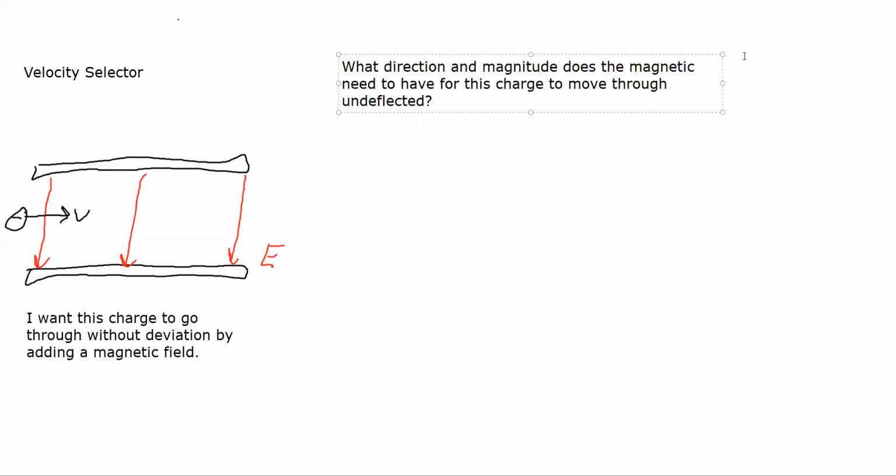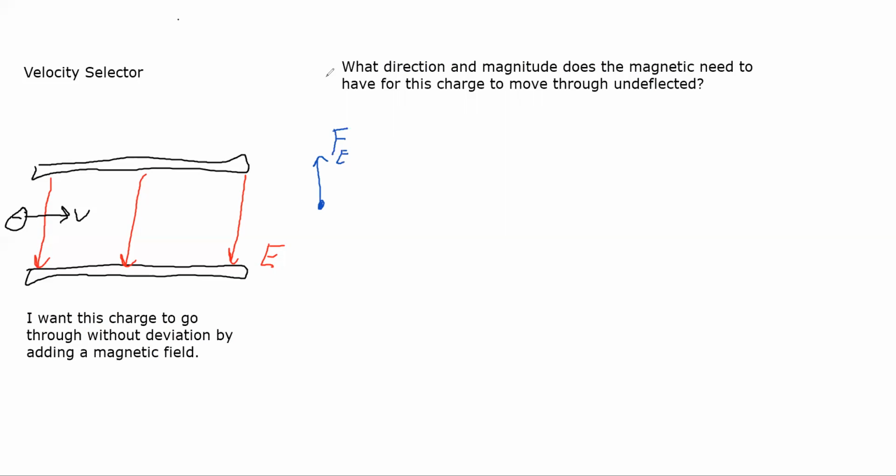Okay, so first let's talk about direction, because for direction we don't need any equations. We just have to know how the right-hand rule works. So if I draw my force diagram for this charge, let me do it in blue. I have electric force, Fe, going up.